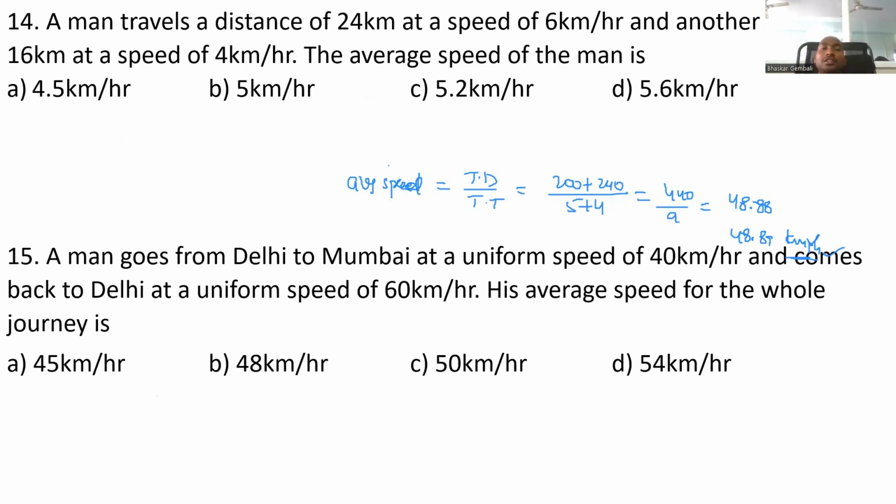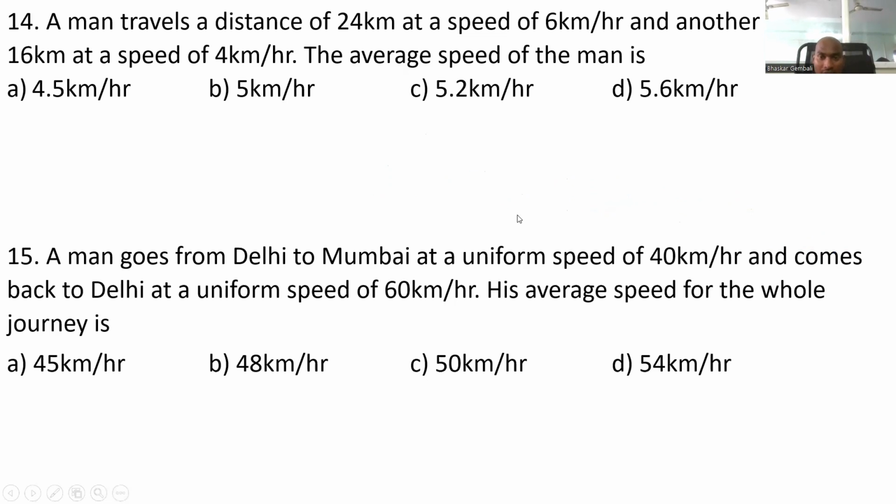A man travels a distance of 24 kilometers at 6 km per hour and another distance of 16 kilometers at a speed of 4 km per hour. Now we want to find the average speed. Average speed equals total distance traveled by total time taken.